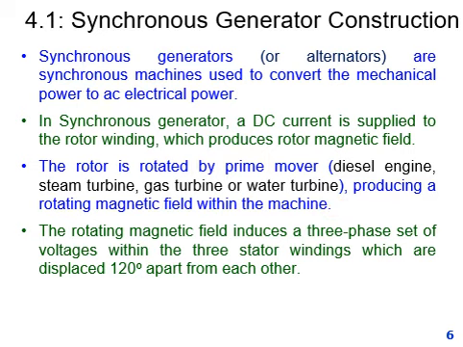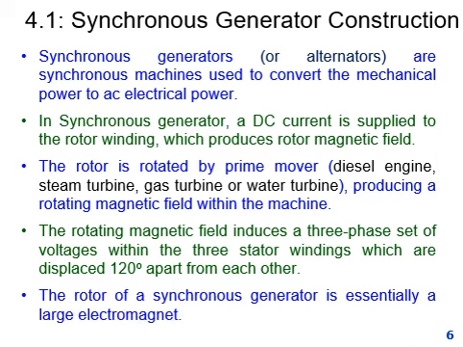So it produces a rotating magnetic field within the machine. It induces a three-phase set of voltages within the three stator windings, which are displaced 120 degrees apart from each other.